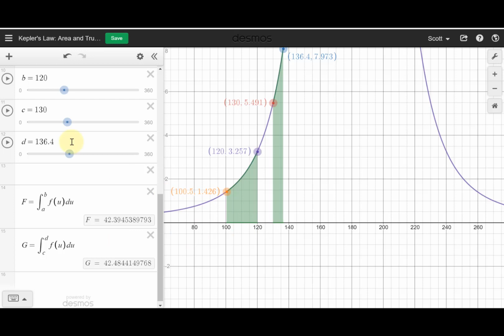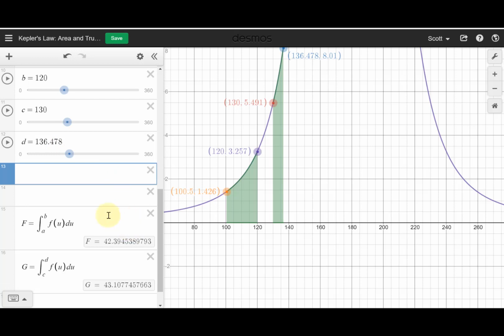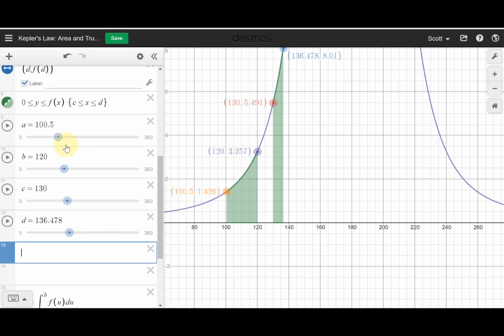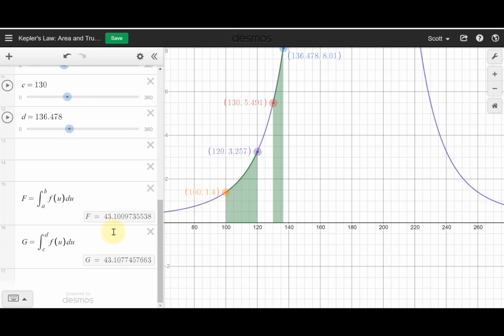And yeah, so it was actually more like 478 to, yeah, and this had to be 100. Okay. So yeah, if you round each of these to one decimal place, those areas are the same.